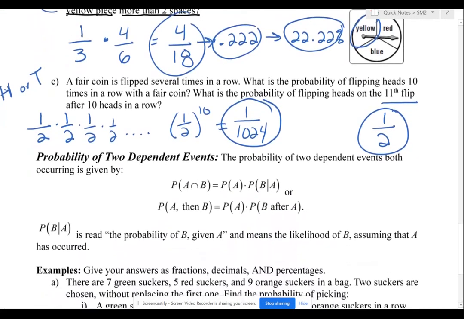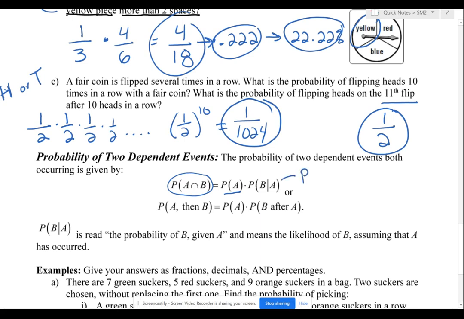Dependent events are the same. We do the same thing. We find the probability of A and the probability of B, but the probability of B is affected by A. So what this says is exactly what it says down here. When they're dependent, the probability of A and B happening: we find the probability of A, then we multiply it by the only thing that's different.